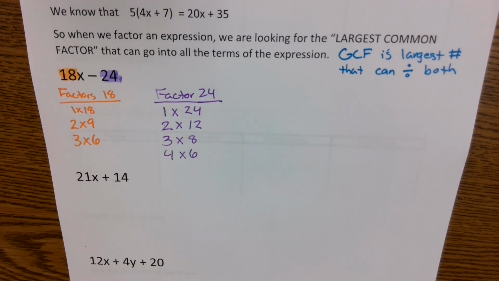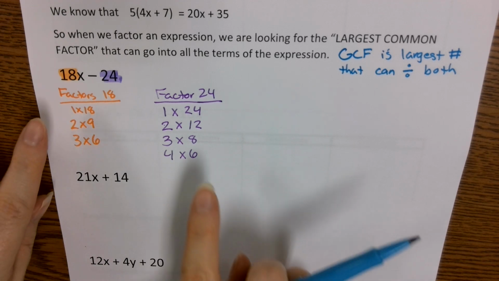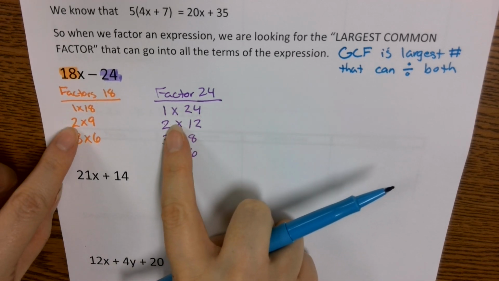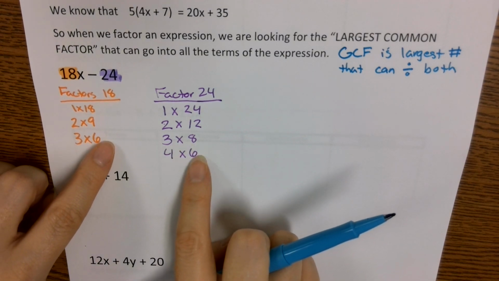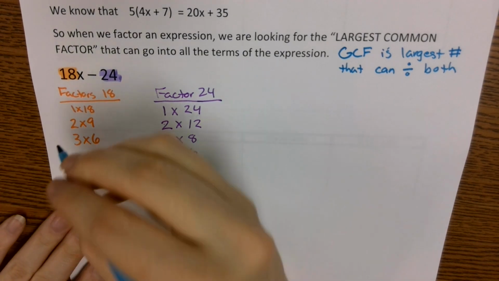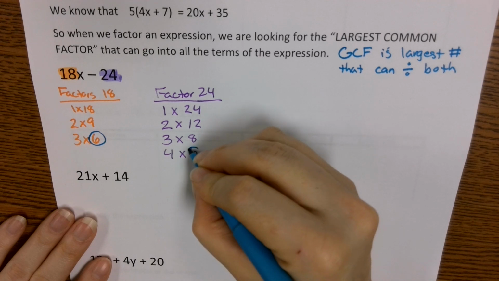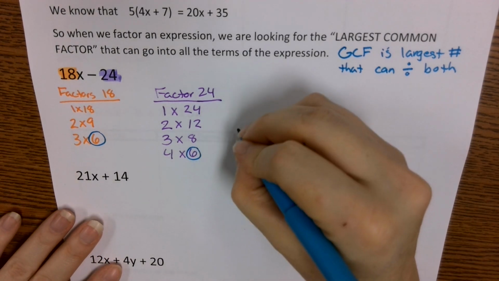Okay, but again, I want the greatest common factor. So even though they do share a 1, they share a 2, they share a 3, the largest factor that they have in common is that 6. So the 6 happens to be my greatest common factor.